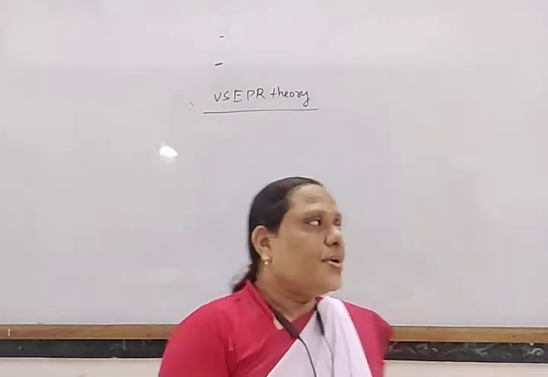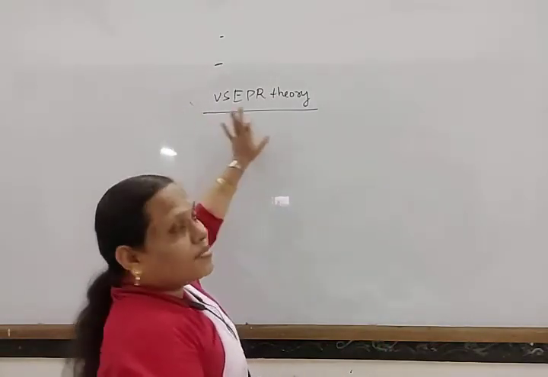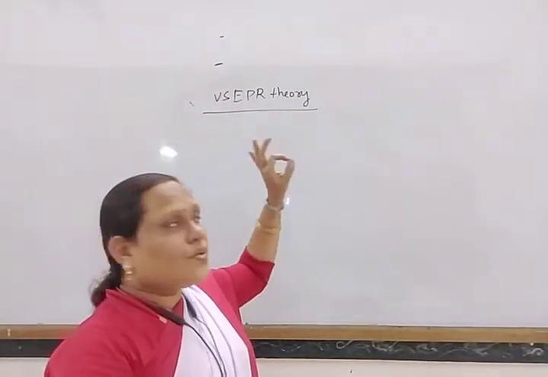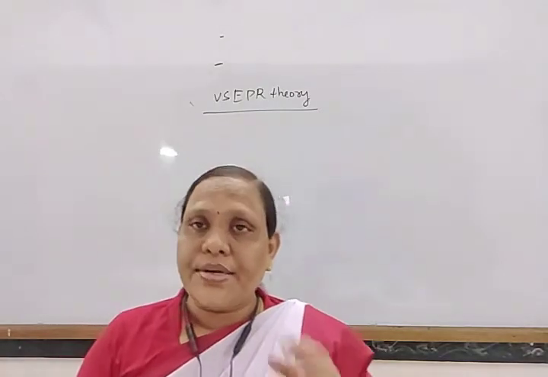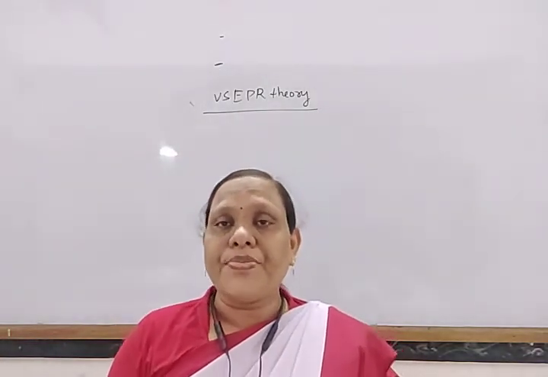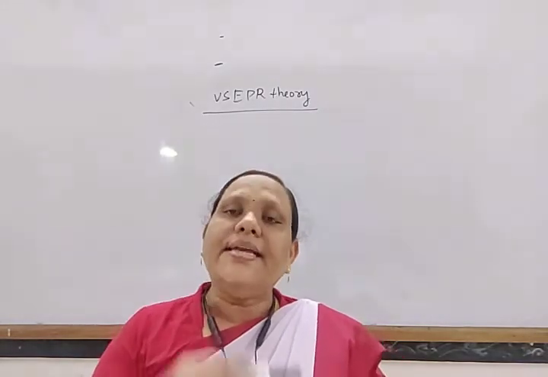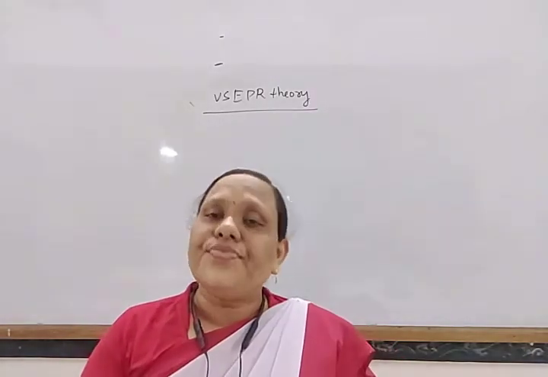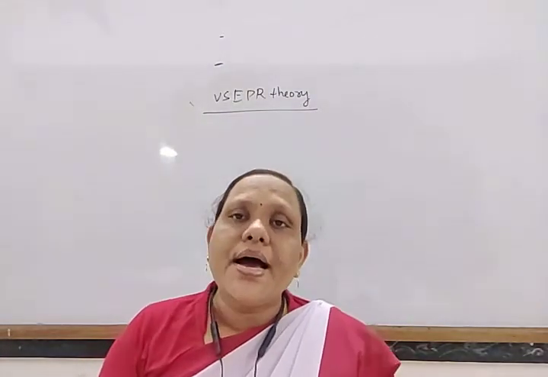So look here, another 2 points to know according to this VSEPR theory. If an atom is surrounded by all the same bond pair electrons and similar atoms, then that molecule has a regular shape.